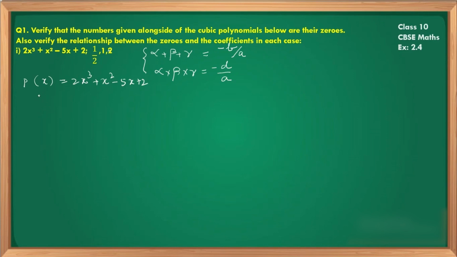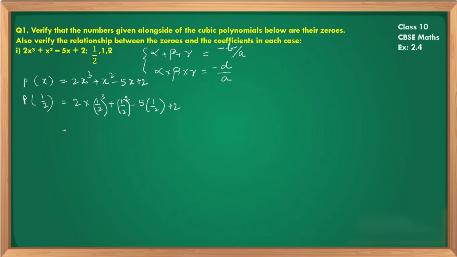Okay. Now in place of x, p of 1 by 2 is equal to 2 into (1 by 2) whole cube plus x square, that is (1 by 2) square, minus 5 into (1 by 2) and then plus 2.